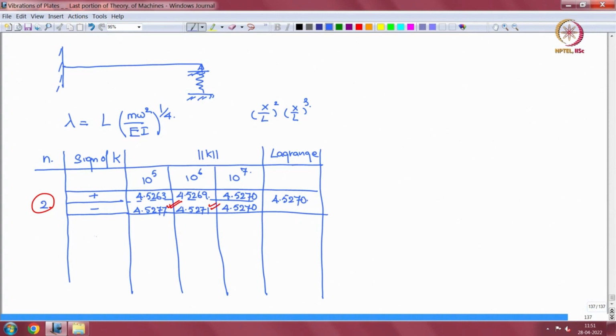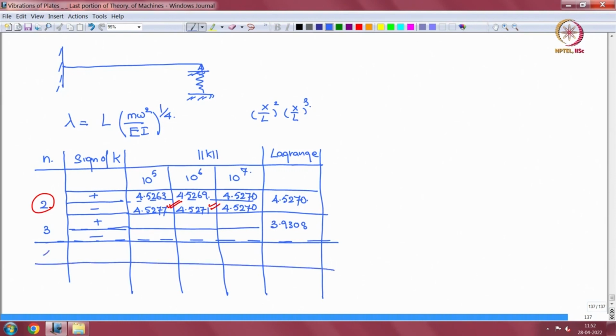Okay. Then if you increase the number of terms, you take 3 terms. Then for positive and negative values, this Lagrange value has come to 9.308 for, let me just make it for 4 terms, and lastly for 5 terms.